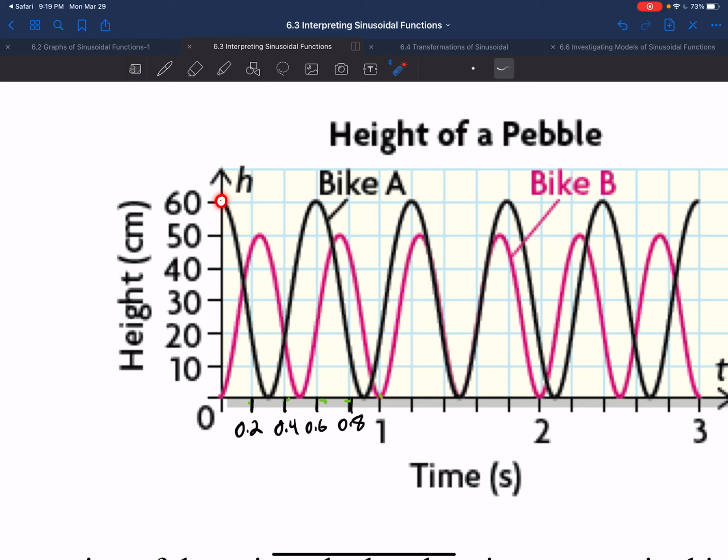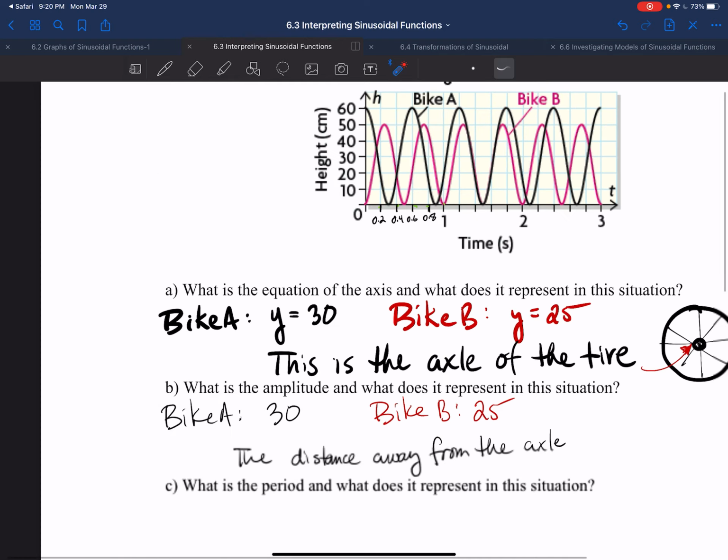So if I go from the top to the top, right, because that repeats, you can see that is 0.6. So you could pick any point, and you go from there to there and measure that. So as long as you go from the same point in the cycle back to that same point and measure the distance between them, that would be your period. So it's easy for me to measure here because I can actually tell what those points are. So that'd be 0.6 for bike A.